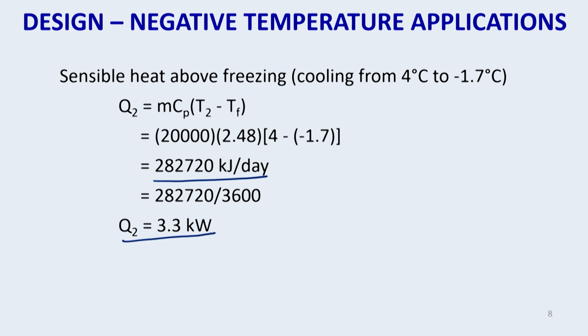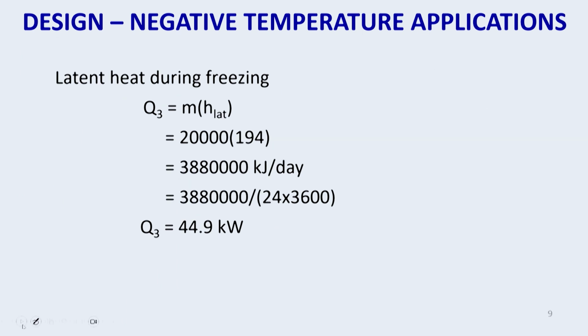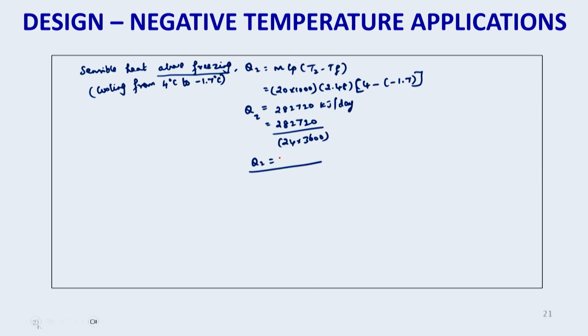I think here 24 is missing, so let me make a small correction here: 24 into 3,600. So the Q2 value comes to 3.3 kilowatts.